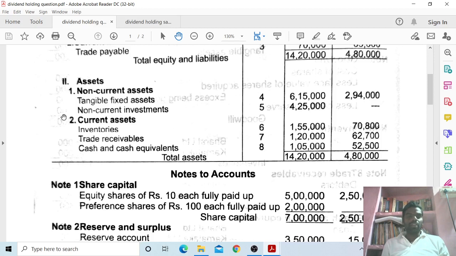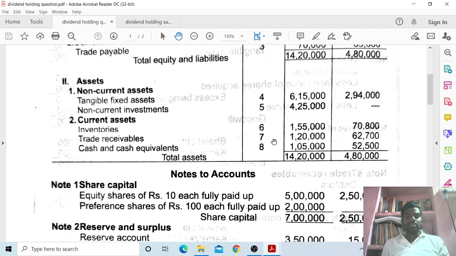Non-current investments, note number 5: Major company 4,25,000, Minor company nil. Under current assets, inventories, note number 6: Major company 1,55,000, Minor company 70,800.